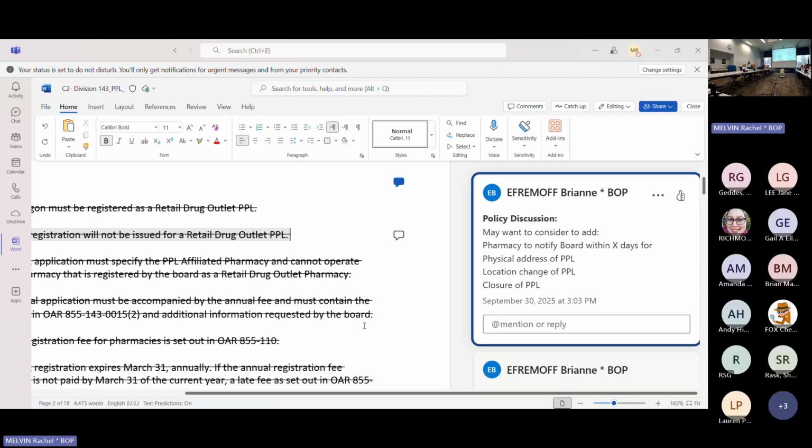It would only make sense if we need to keep track for patient safety reasons where the PPLs are located. And if they close, I'm not worried about the temporary closures personally, but because there are medications in them, we are responsible. I think the board should know, but I'm still deferring. But it doesn't make sense to notify us of something that we didn't even know you had.